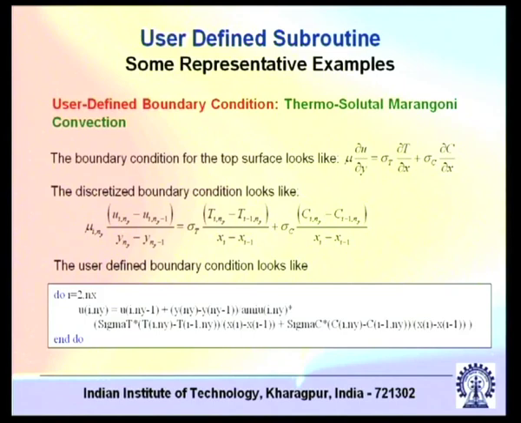Then another example, let us say that you have a thermosolutal convection. What is thermosolutal convection? We know that there are cases in which you have free surface flows, that is, you have an interface between two fluids, say, or a free surface where the interface is between a liquid and a gas.